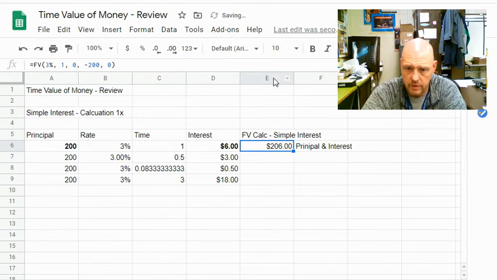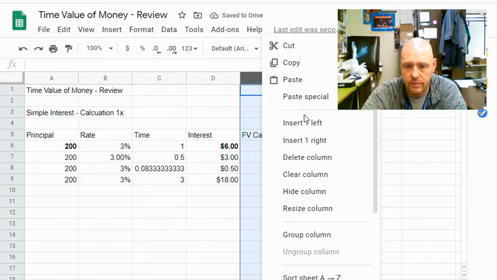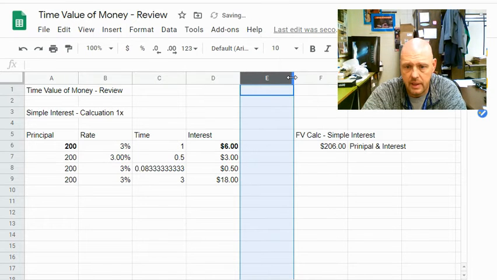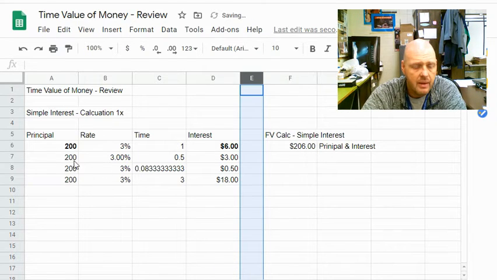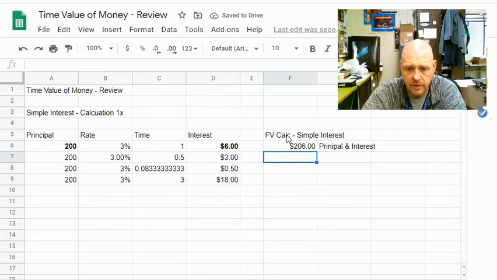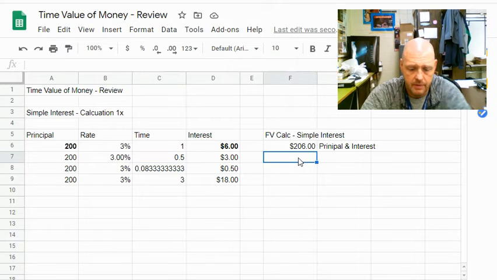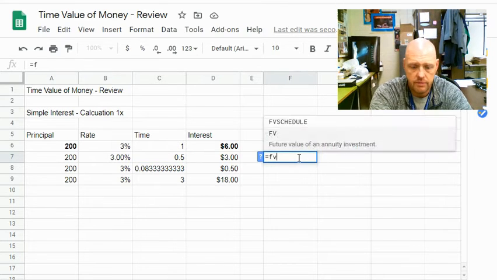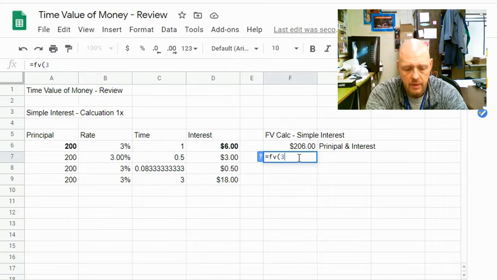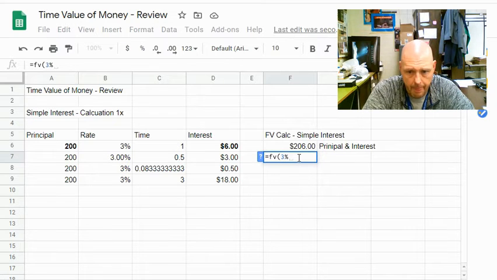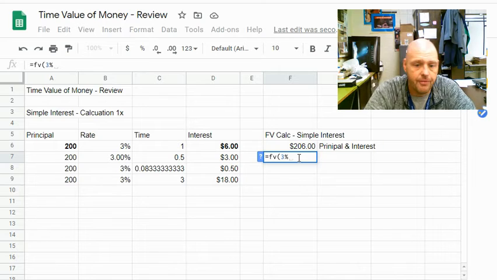There are other ways to do this. This is not the only way to do it, but it is a simple, clean, easy way, in my opinion. How about we go ahead and do the future value calc for our second problem here, $200, 3% interest, but I'm only leaving it in for half of a year. So equals future value, 3%. How long am I leaving it in there? Am I leaving it in there for a full year?